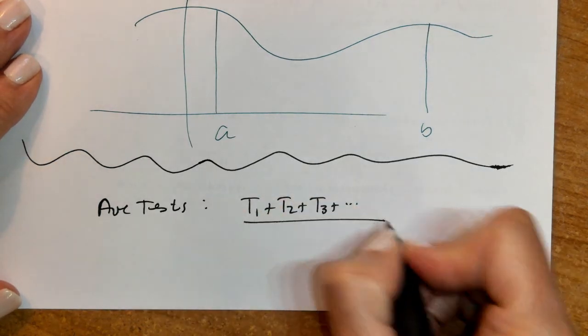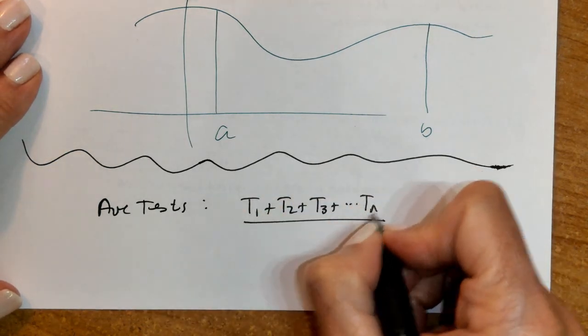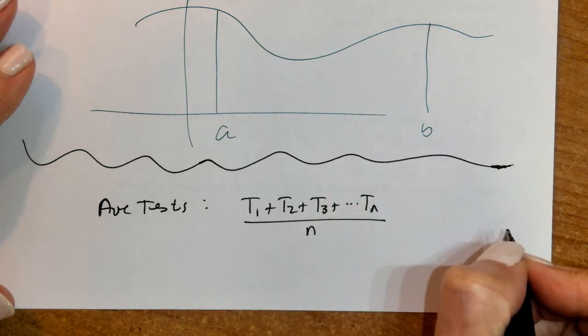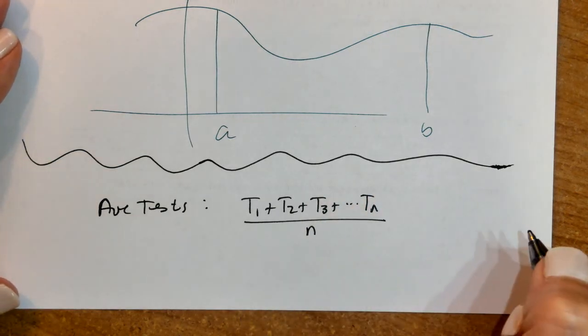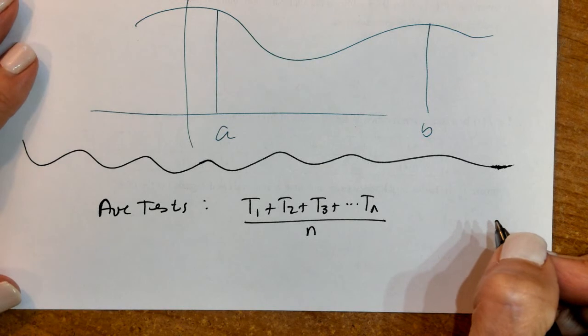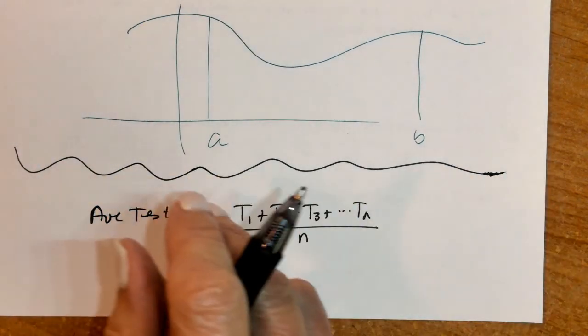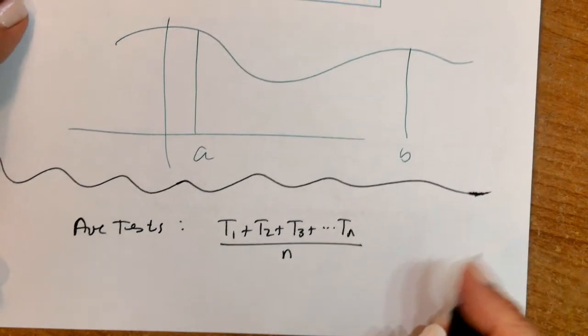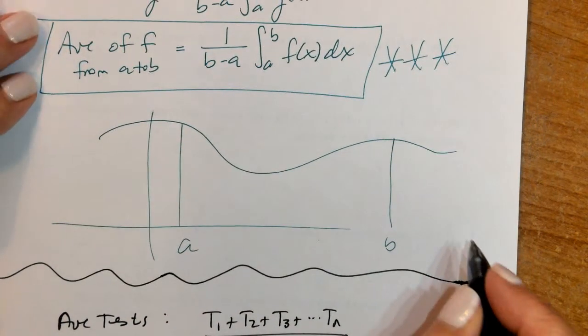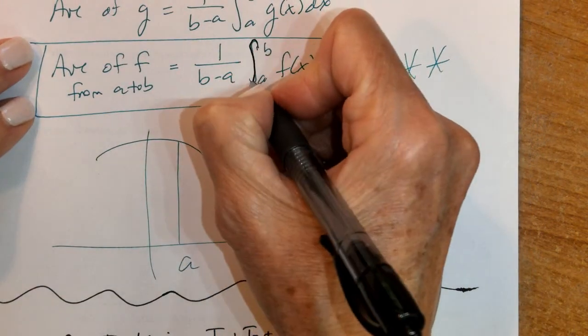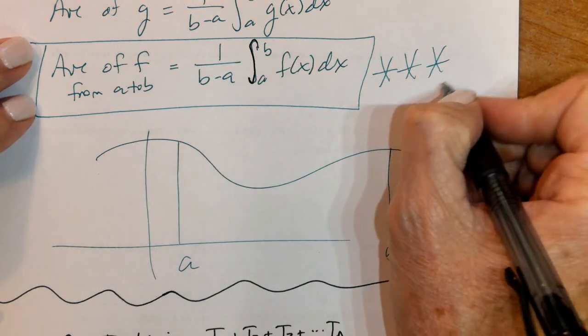And then you're going to divide by however many test scores you have. Correct? That's what you're going to divide by. How do we add in calculus? In calculus, to add, we use a summation. We use our integral. That's how we add things.